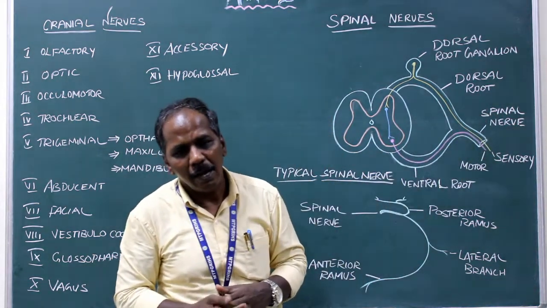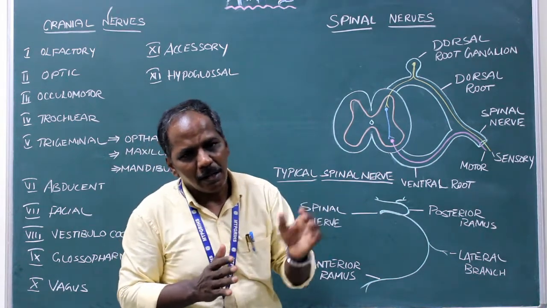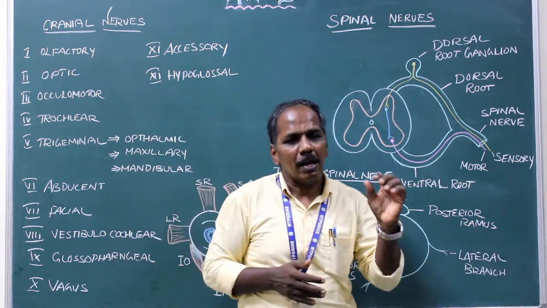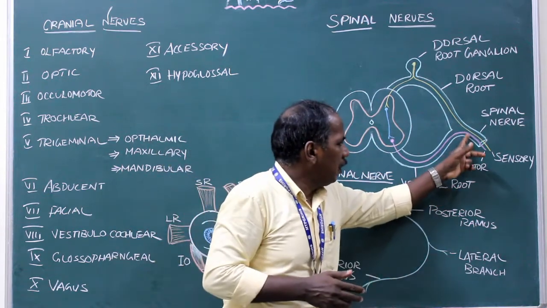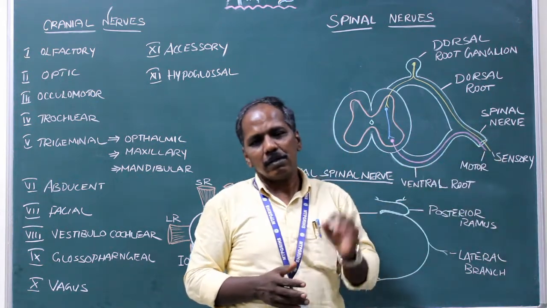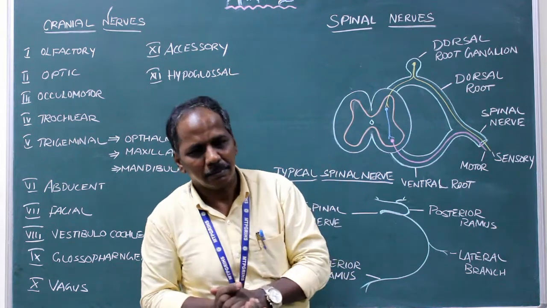So the spinal nerve has both motor fibers and sensory fibers. So the spinal nerve is an example of a mixed nerve.